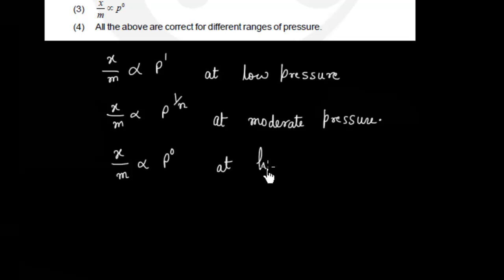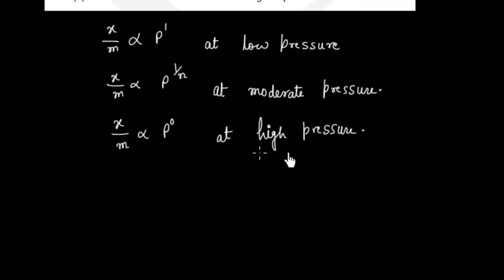When the pressure is very high, it is independent of pressure. So all the above are correct for different ranges of pressure. Option 4 is the correct one. This question is fact based, so you have to remember this.